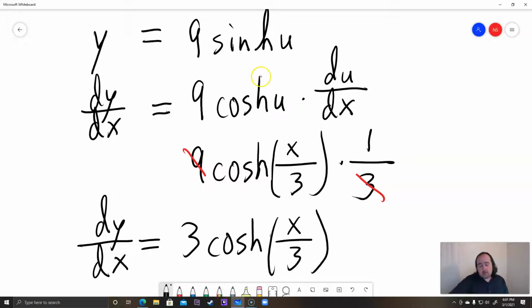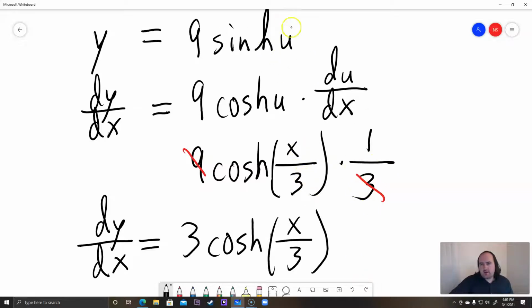If you feel comfortable with it, you can even skip writing it as u, because you're really just doing the chain rule here. You're just taking the derivative of the outer function, sinh, which ends up being cosh, inner left alone, and then you multiply that times the derivative of the inner function. So the derivative of x over 3 is 1/3.